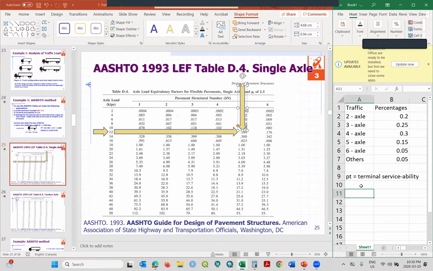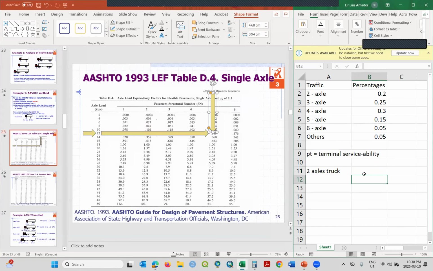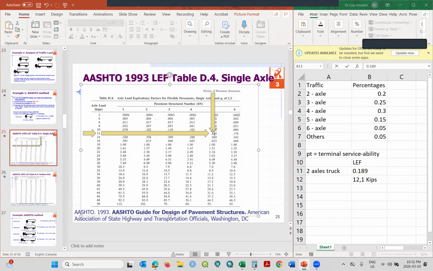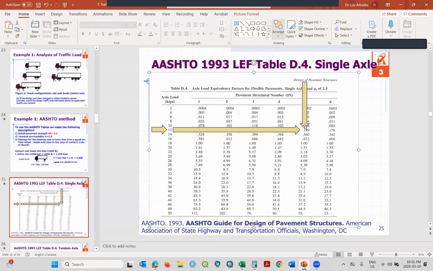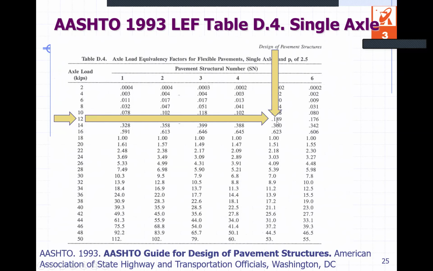So my two-axle truck has an axle of 12,100 or 12.1 kips, and my load equivalency factor is 0.189. Is the one I'm reading from here, okay? This one. This 0.189 is my load equivalency factor for this axle.